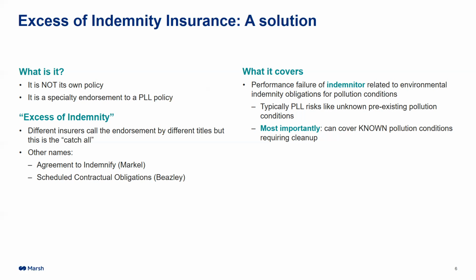Most importantly, it can pick up known pollution conditions. So if the indemnitor has assumed liabilities for known cleanups and that fails, or they fail, and that comes back to you, this solution picks that up. That is really powerful, to be able to pick up both unknowns as well as known pollution conditions. Next slide, please.